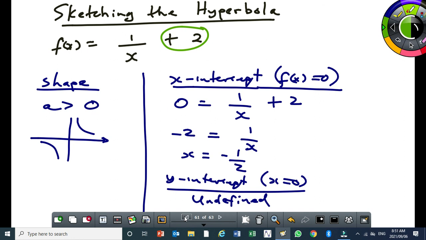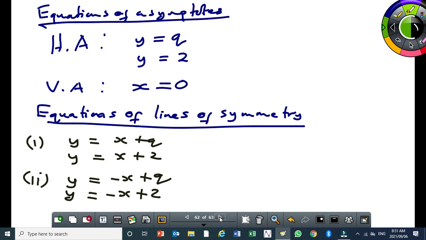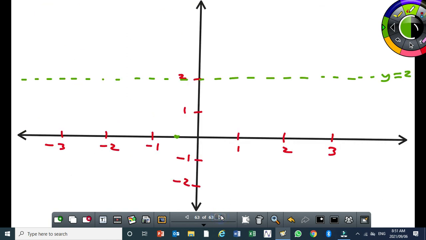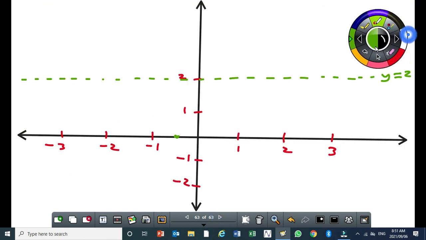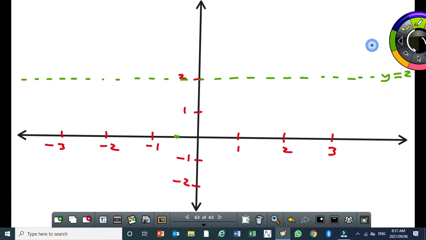So I've got the first curve in the first quadrant, the second curve in the third quadrant. Right? Now, because of the shape, it means my first curve, I can draw it here, this is my first quadrant, so it will look like this, right? That's the first curve in the first quadrant.